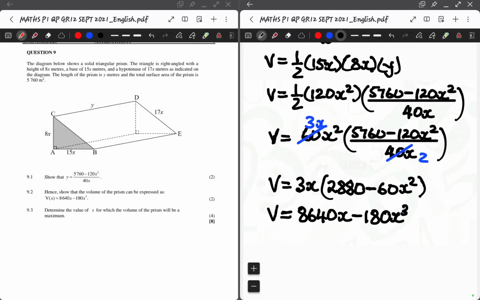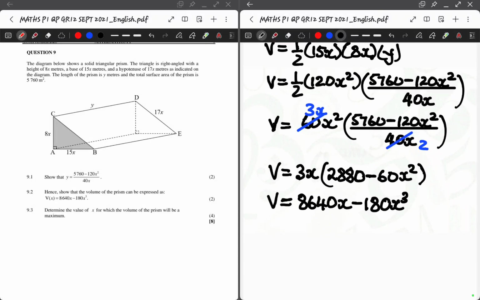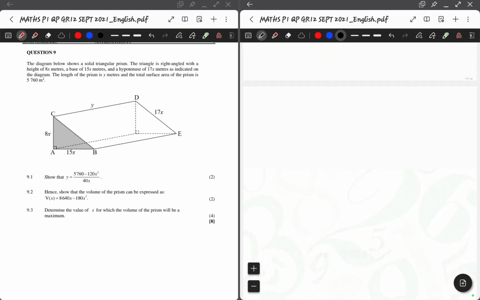Now the last part. They say determine the value of x for which the volume of the prism will be maximum, meaning that we need to differentiate first. So that is 9.3.